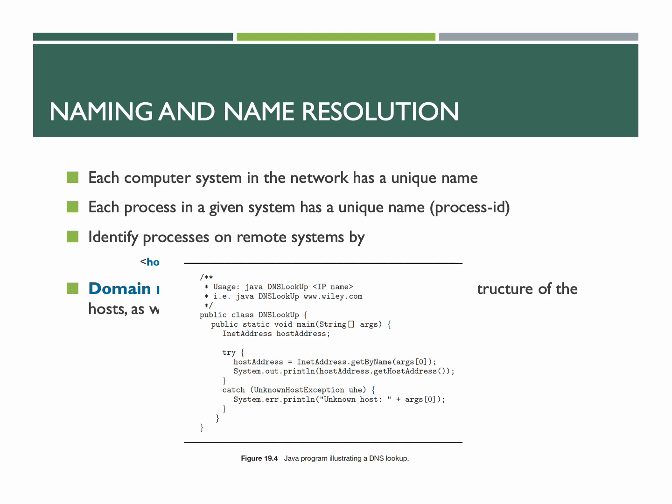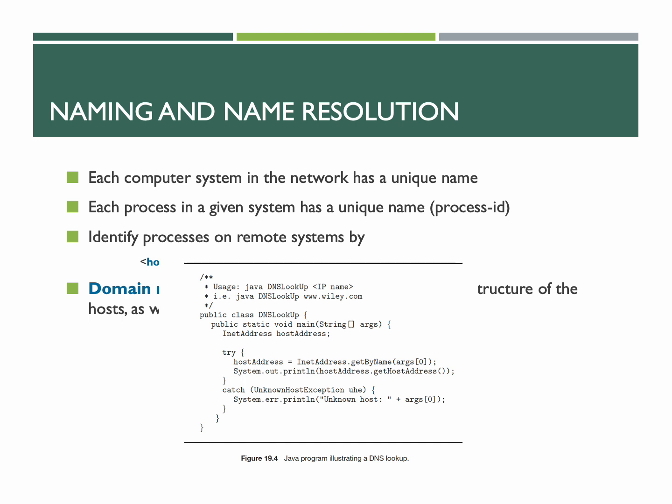So, this is an example of DNS lookup. This code is in Java. Now, at the bottom of this slide, this illustrates how a DNS lookup works. Now, in this code, a hostname is passed as an argument.